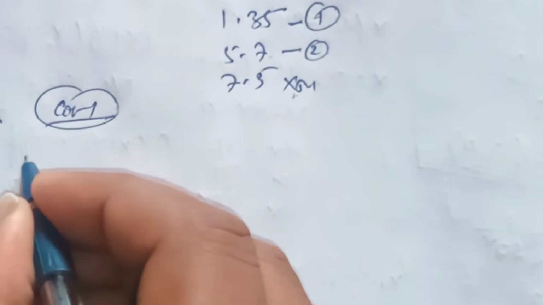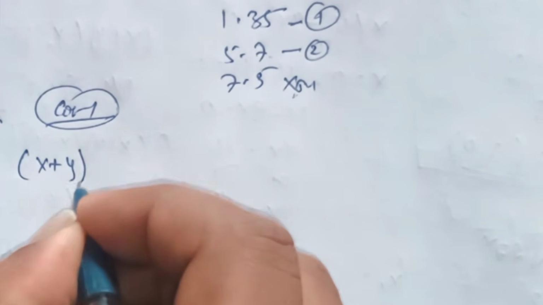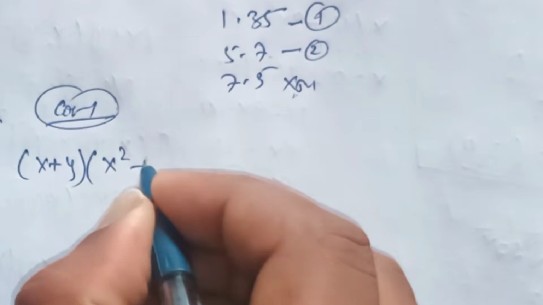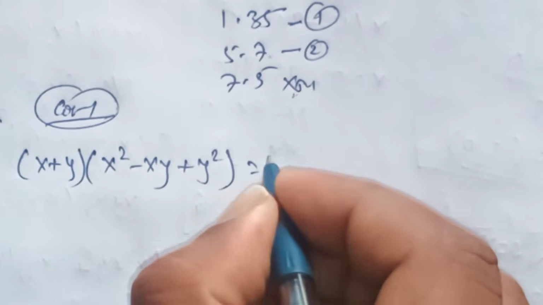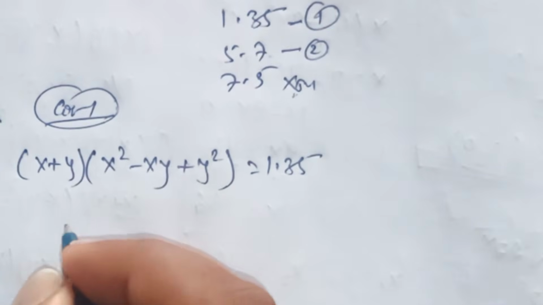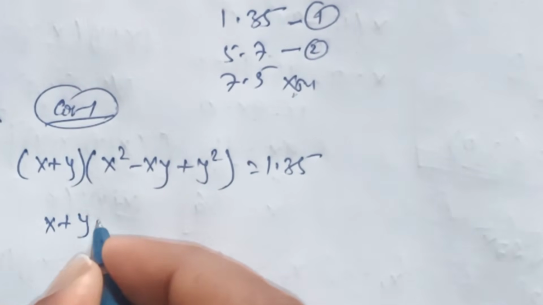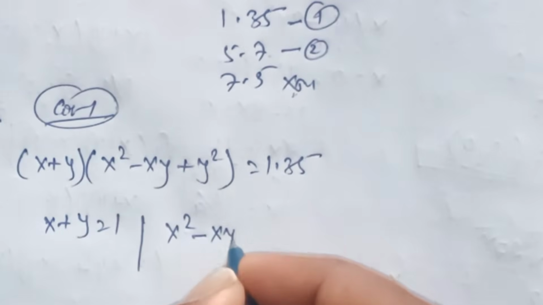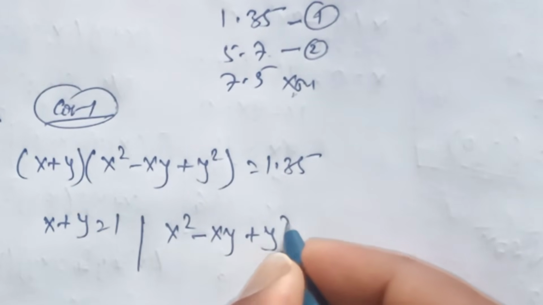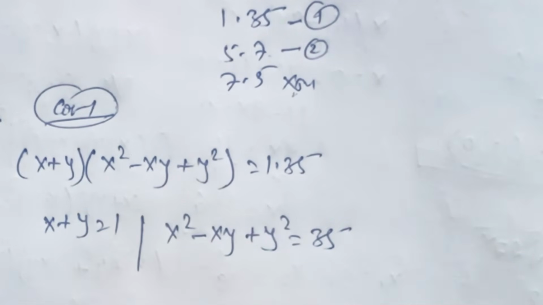Case 1 says that (x plus y) into (x square minus xy plus y square) is equal to 1 into 35. Therefore, x plus y is equal to 1, and x square minus xy plus y square is equal to 35.